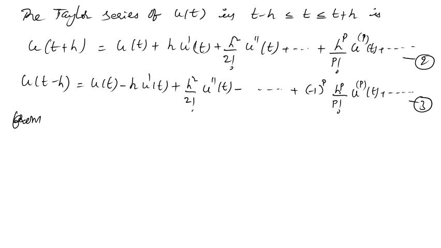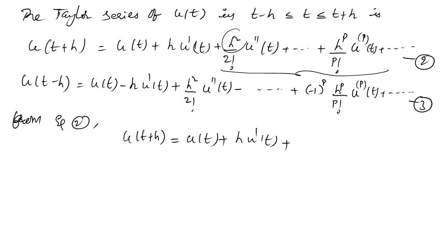From equation 2, what I am having, u of t plus h equal to u of t plus h into u dash t plus the remaining terms. What is the least power of h? H square. So one can write order of h square. Better you write like this, one more term, h square by factorial 2 u double dash t and so on.